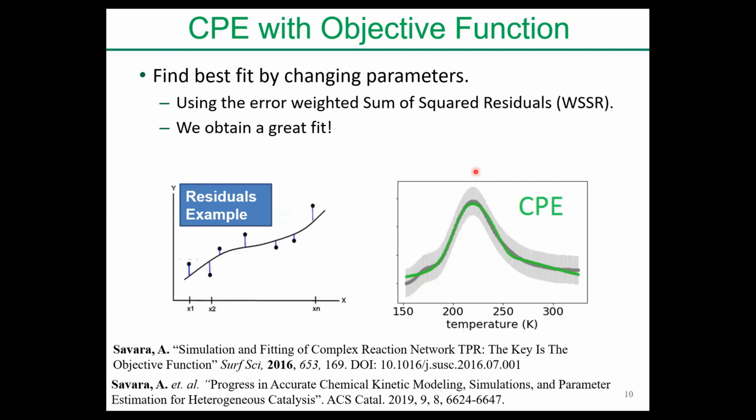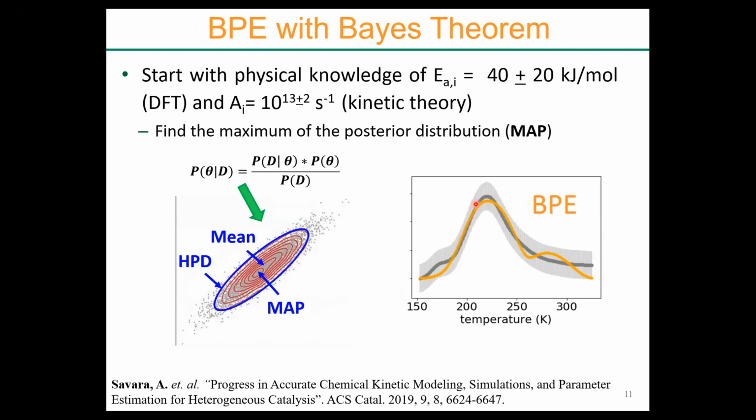So first, we do a conventional parameter estimation where we try to minimize the weighted sum of squared residuals, weighted by the uncertainties in this case, and we do get a very nice fit. So we can call this a successful application of conventional parameter estimation. When we compare this to the Bayesian parameter estimation, we start with the physical knowledge of, in this case, 40 kilojoules per mole with some uncertainty for the adsorption strength of ethanol on cerium oxide.